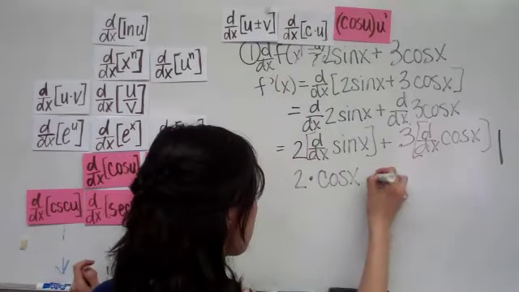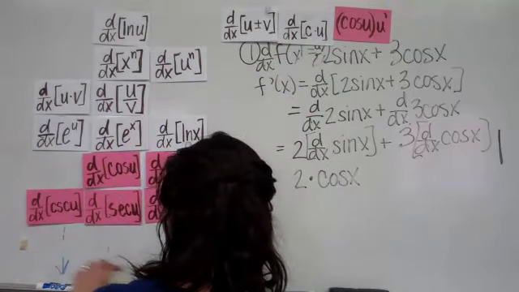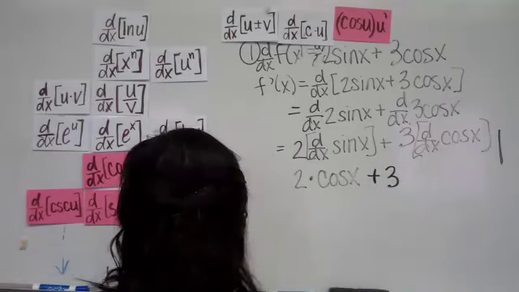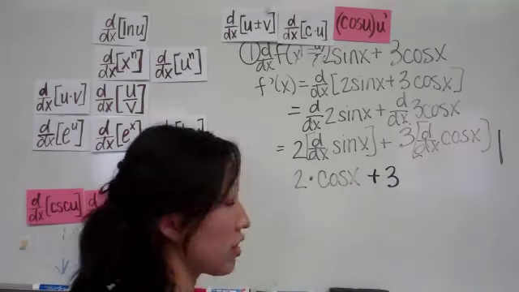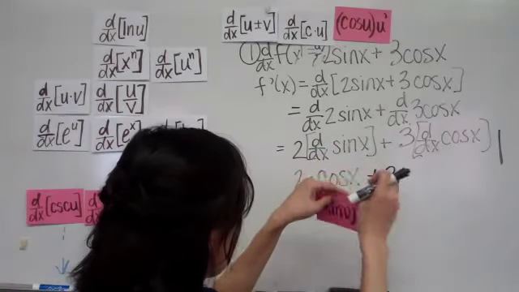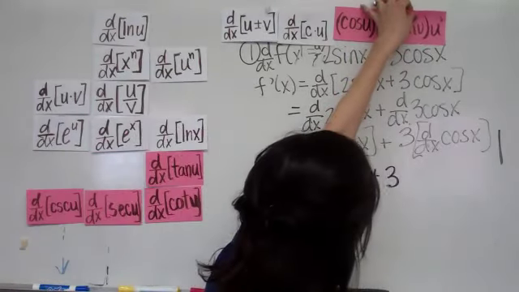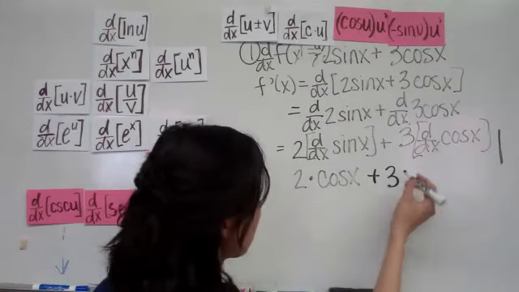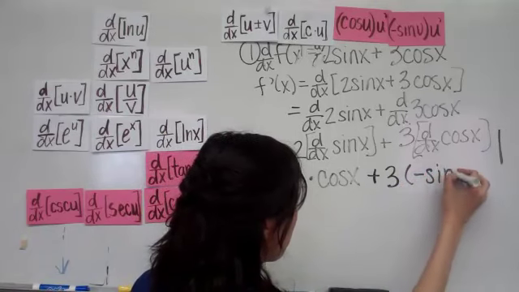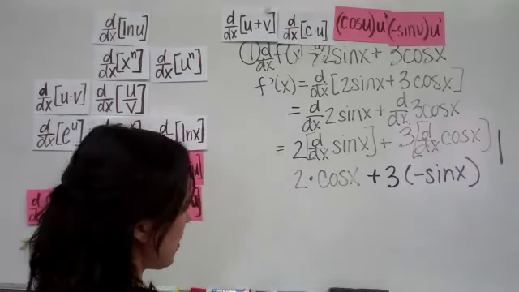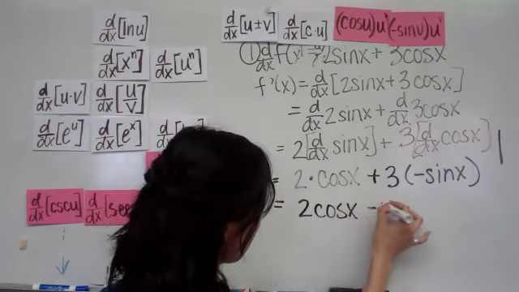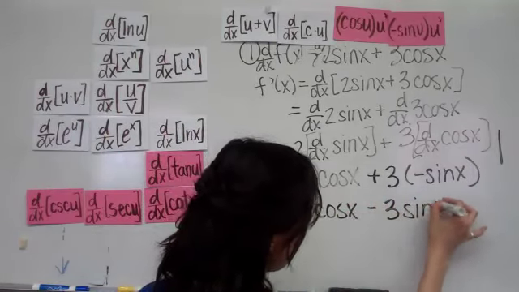And then plus, ooh, that's nice, 3 times, if you derive cosine of x with respect to x, it's just going to be negative sine of x. So best way to write this in the end is going to be 2 cosine of x minus 3 sine of x.